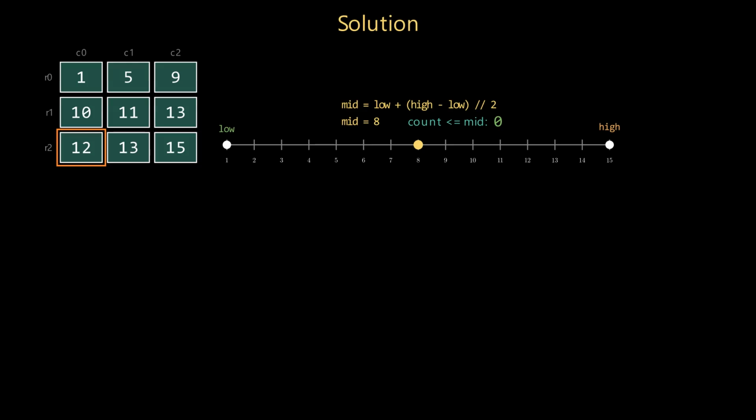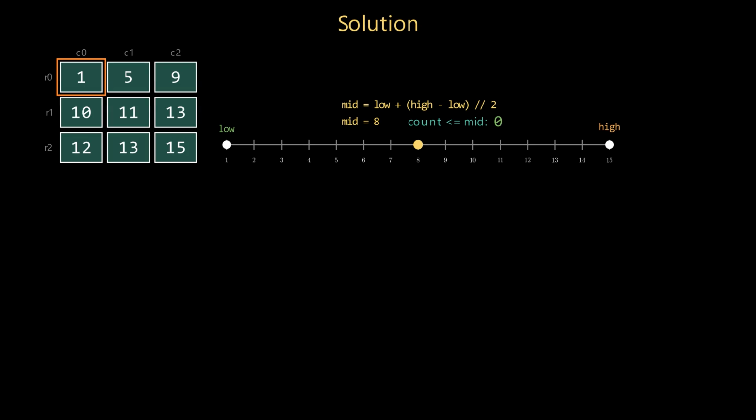Demo threshold mid equals 8. Start at bottom left. 12 is greater than 8, so move up 1 row in the same column. At 10, 10 is greater than 8, so move up 1 more row in the same column. At 1, 1 is less than or equal to 8.